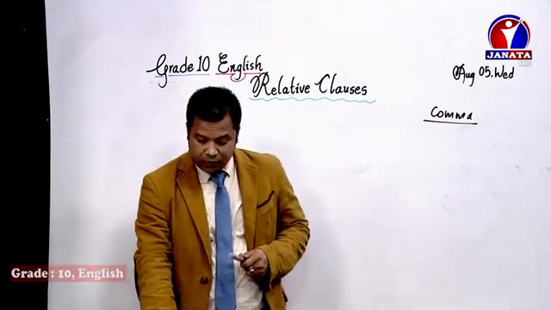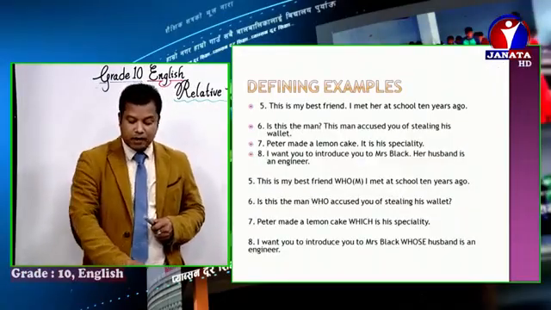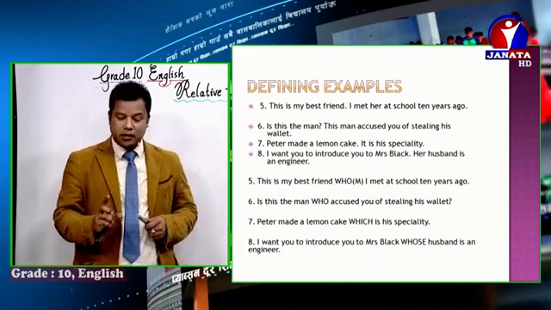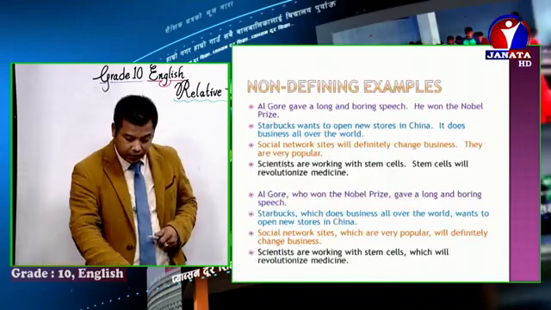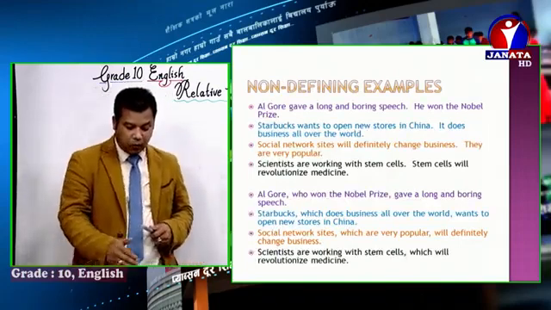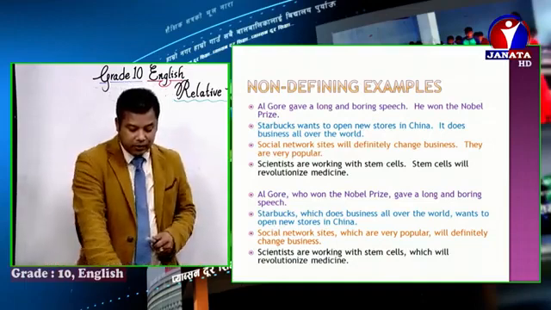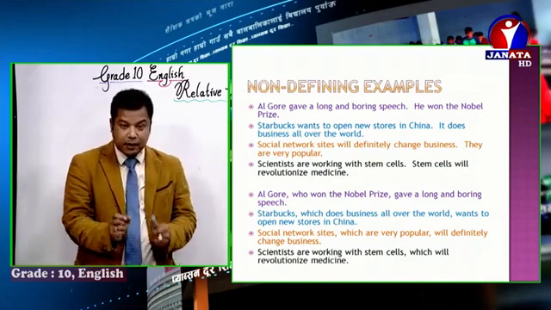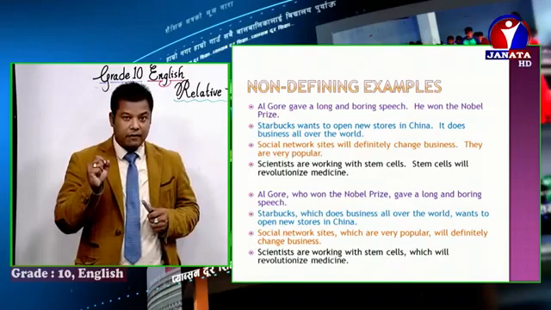See, I will flip back to the previous examples. Here in defining, there is no comma used when I merge those two sentences into one. But once I introduce non-defining examples, in all examples at the bottom, starting with the sentence from Al Gore and ending with the sentence scientists are working dot dot dot, you must have seen the use of comma. I have separated the sentences, though I merge them into one, I have used a comma.